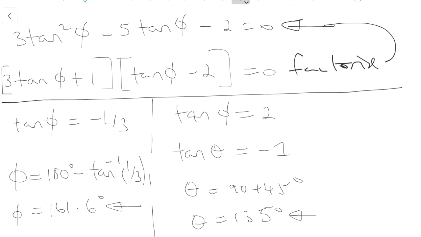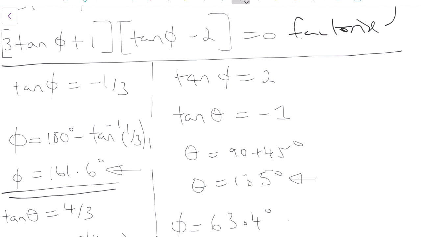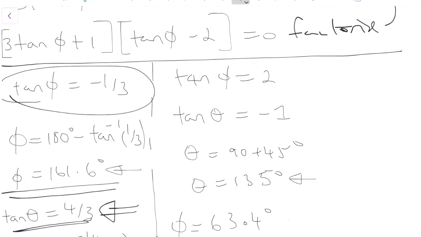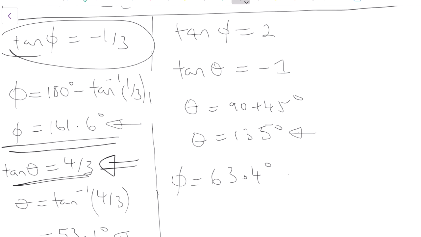So phi equals 161.6. And theta equals 4/3, by using the second equation, which told us that tan theta plus tan phi was 1. So we put this one into the second equation to obtain this result, which gives us that theta equals 53.1.